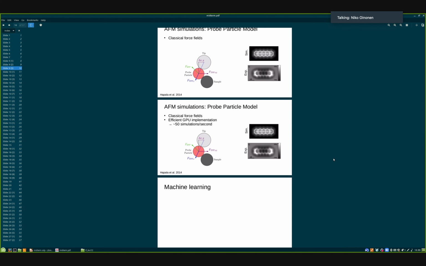So I think the training set was about 5,000 molecules, and then we take 30 different rotations for each molecule, so that we get about 150,000 training samples.